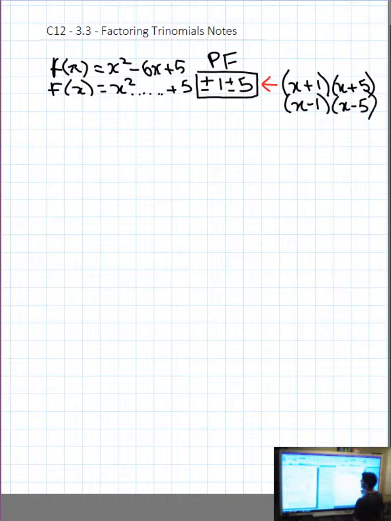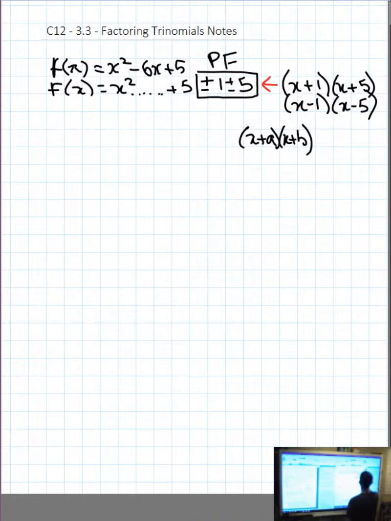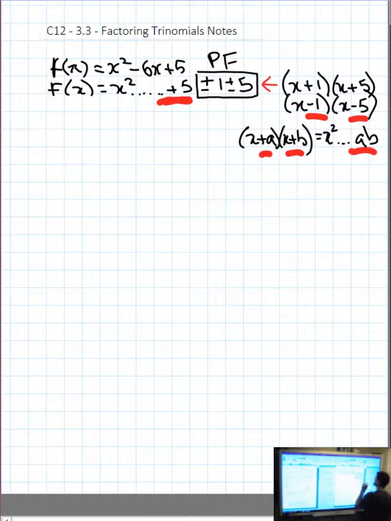Because if we FOIL it out, all we ever care about is x plus a times x plus b equal to x squared plus (a plus b)x plus ab. So we know our last number is always a product of the two factors.